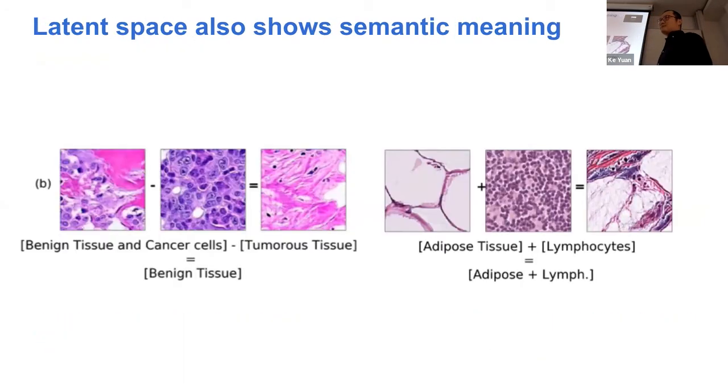How do you perform these arithmetic operations in the latent space? Do you just do the plus and minus of the latent space coordinates? Yes, exactly. With this 1000-dimensional vector, and then you get the result.